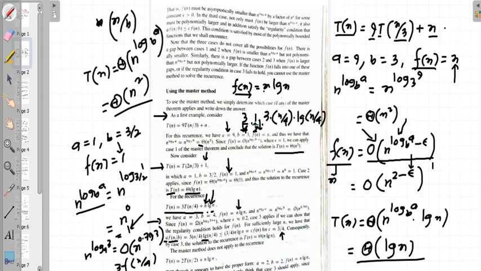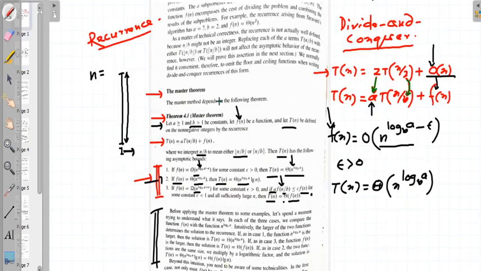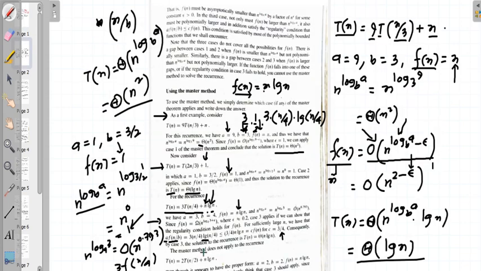So in that case, what is the solution? The solution is that Fn is dominating here, as it is omega of n to the log A base B plus epsilon. So that's why this is reflected here, Tn equals theta Fn. So in that case also the solution will be Tn equals theta n log n.